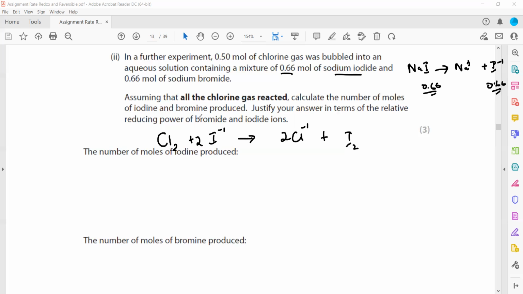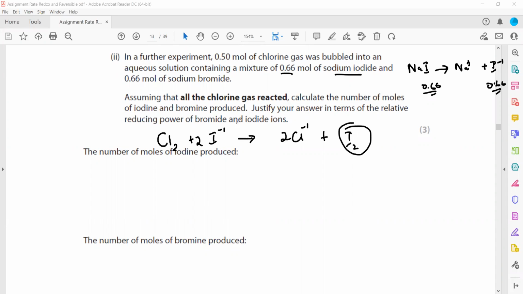Whenever we are finding a product, because we want to know how much iodine is there, we always use the limiting reagent. So what will be the limiting reagent? Iodide ion will be the limiting reagent, because if you have 0.5 moles of chlorine gas, you need 1 mole of iodide, as the ratio is 1:2. You don't have 1, you have only 0.66.